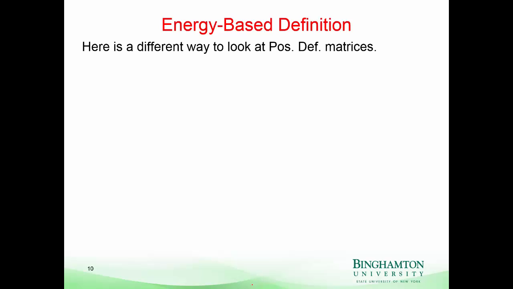So we've been getting to positive definite by defining it to be those matrices that are symmetric, for which the eigenvalues are positive. But now we're going to define positive definite matrices a different way and show that that actually then implies that the eigenvalues will be positive. So this is, as I said, the more fundamental way of defining this. If you look in many linear algebra books, they start with positive definite matrices here.